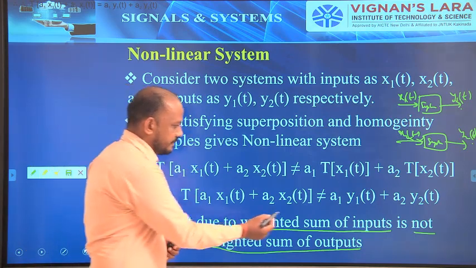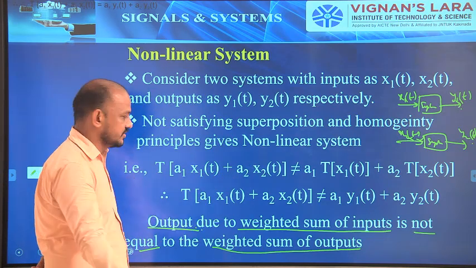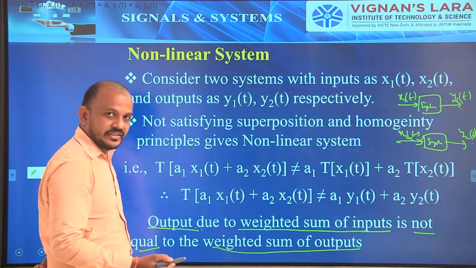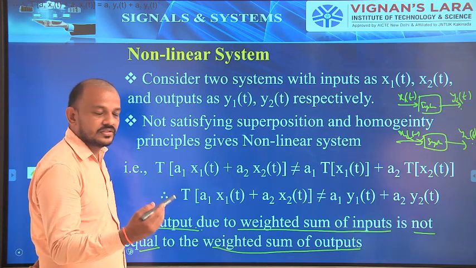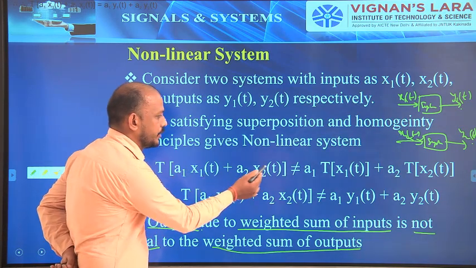Here x1 of t and x2 of t are the inputs, and a1, a2 are the weights, that is, the multiplied constants. The weighted sum of inputs means a1 x1 of t plus a2 x2 of t.